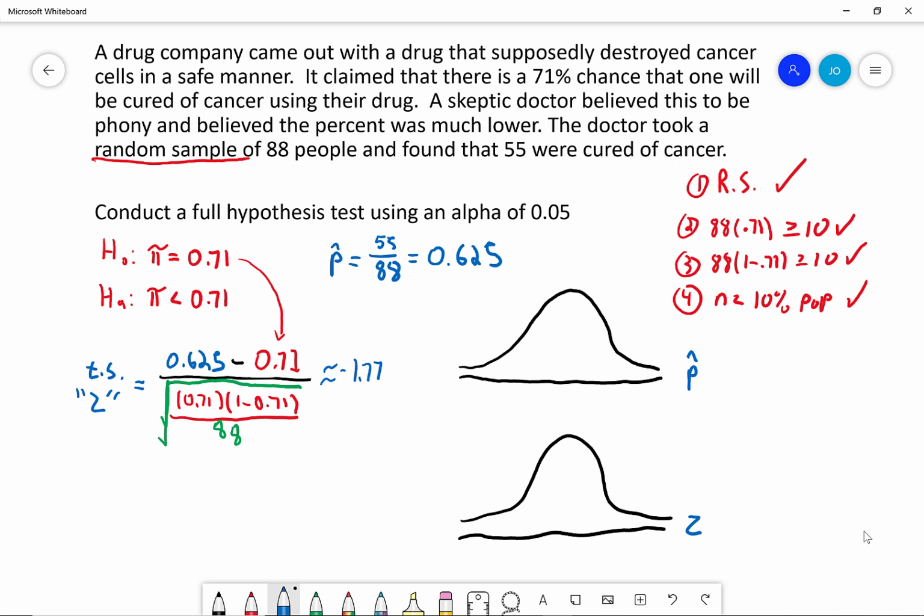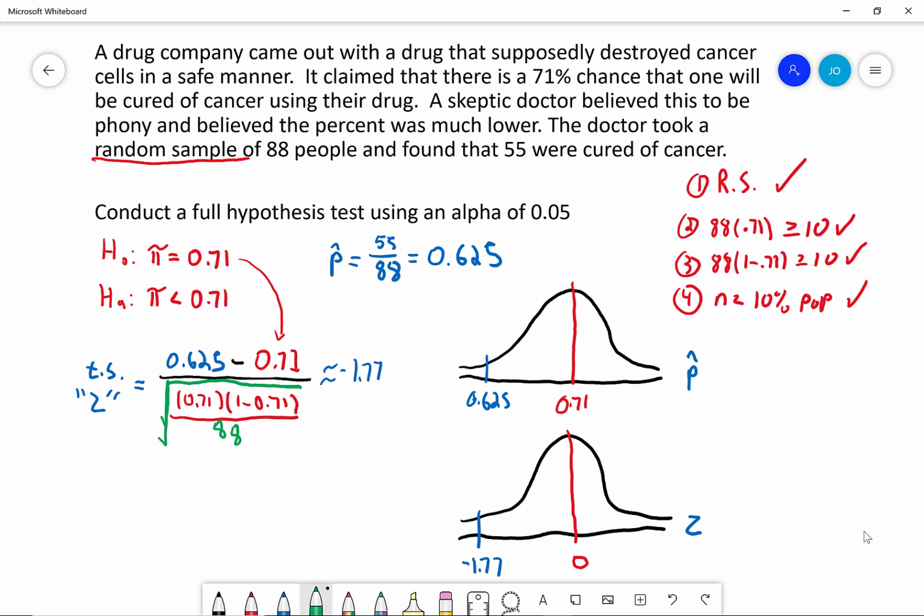And what we did is we took this sample proportion, 0.625, and we turned it into the z value, negative 1.77. The mean of our original distribution we're assuming to be 0.71. That was our assumption. The mean of our z distribution is 0.